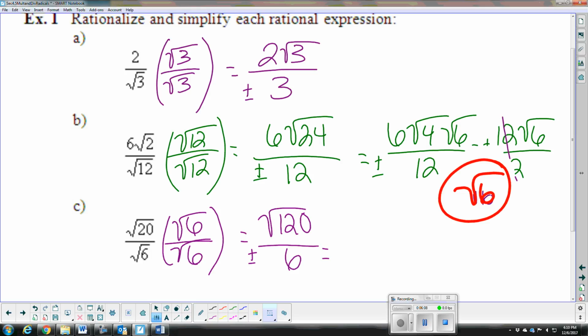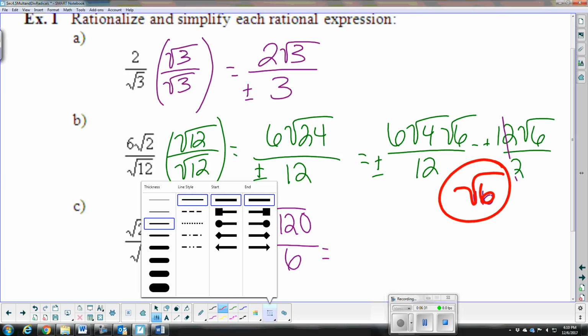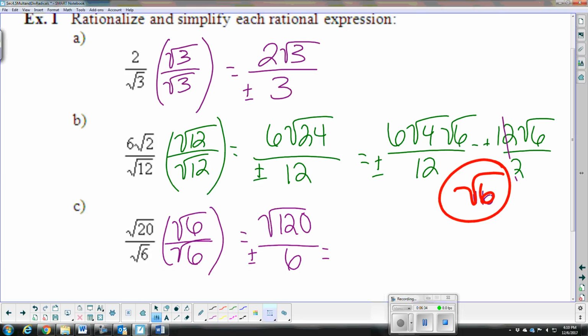All right, so the square root of 120 is the same as, let's see, 12 times 10. Let's factor out 120 so that we can see where these numbers come from.